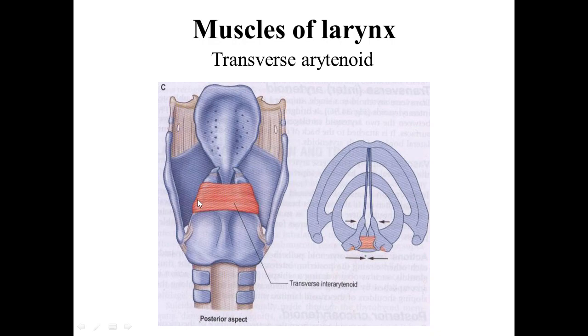Then this is the transverse arytenoid, located on the posterior surface of the arytenoid cartilages. Transverse arytenoid is the unpaired muscle.